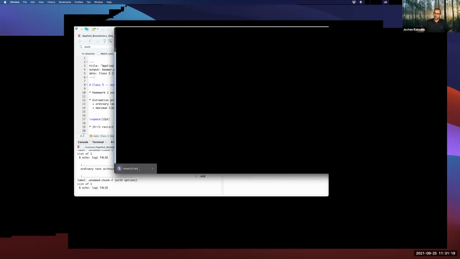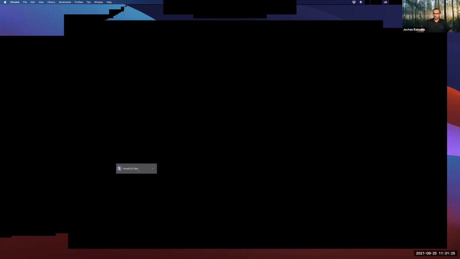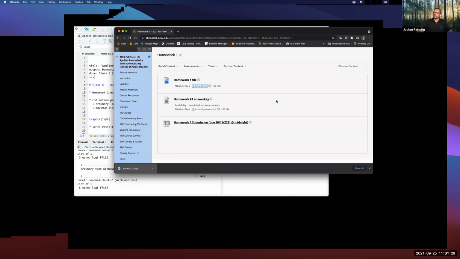It's a simple exercise that shouldn't be too difficult for you to master. You can briefly have a look at it while R is creating the markdown file.